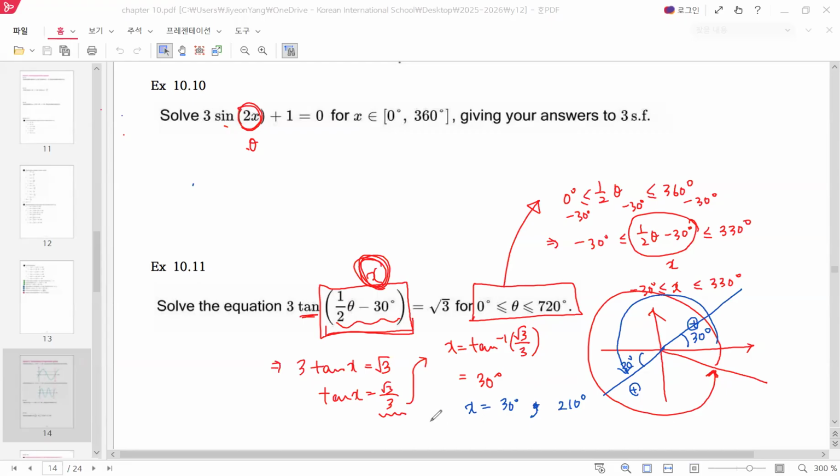Since x represents 1 over 2 theta minus 30 degrees, to find theta, let's add 30 to each side. So 1 over 2 theta equals 60 and 240. To find the value of theta, you need to multiply by 2 on each side, right? Therefore, theta equals either 120 degrees or 480 degrees. They are the answer of this question.